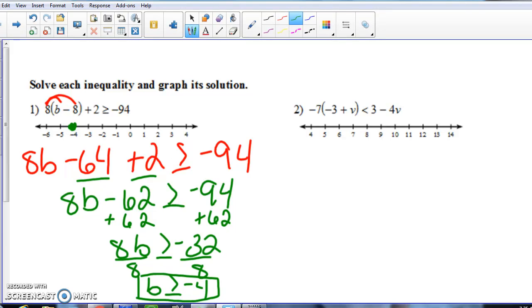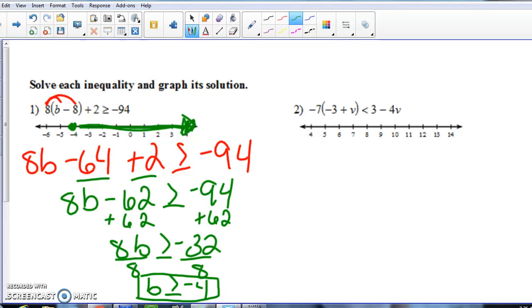And then if I think about what this inequality means, it says b is greater than or equal to negative 4. So the numbers greater than negative 4 are to the right of negative 4. I'm going to shade everything to the right side of that.